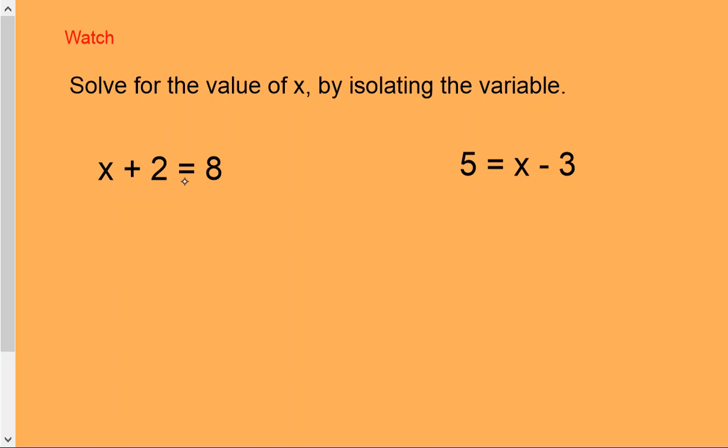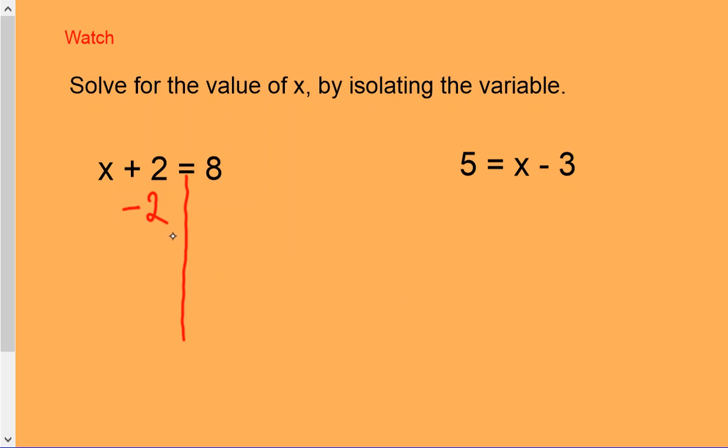Okay, and the most important thing is if we do something to one side, we have to do the exact same thing to the other side of the equation. In this situation, we see plus 2 with the variable, so we need to do the opposite or the inverse operation to get rid of that 2 from the left side of the equation. So what I'm going to do is I'm going to subtract 2, so minus 2.